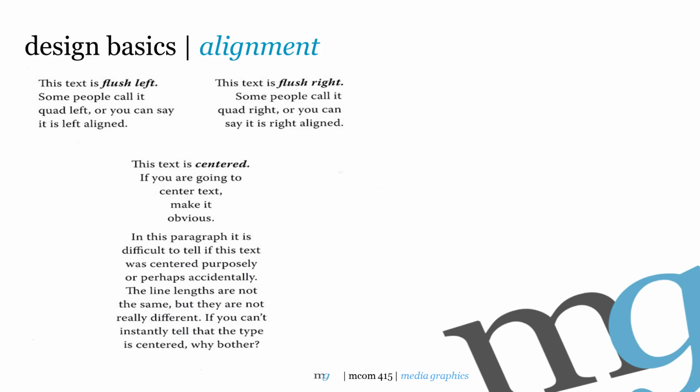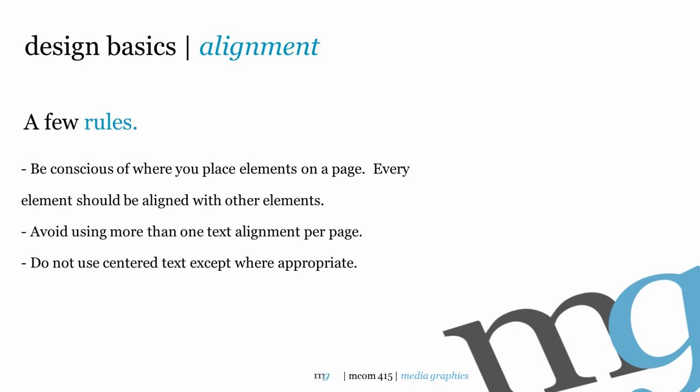If you look at the final paragraph on this page, it's really not clear to the readers whether that was intentional or not. So rules to keep in mind: make sure that everything aligns with something else. Pick one alignment per page and stick with it. And really try to stay away from the centered text.